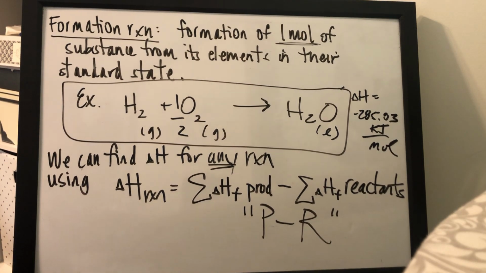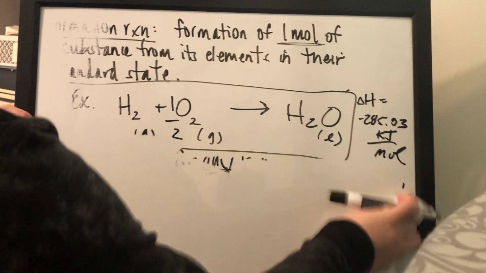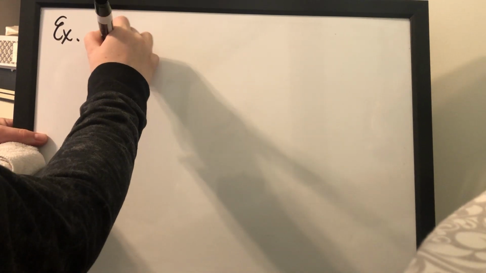So let's do a reaction and let's calculate its delta H so that we can say we did an example. All right, so let's say we have, let's do a combustion.